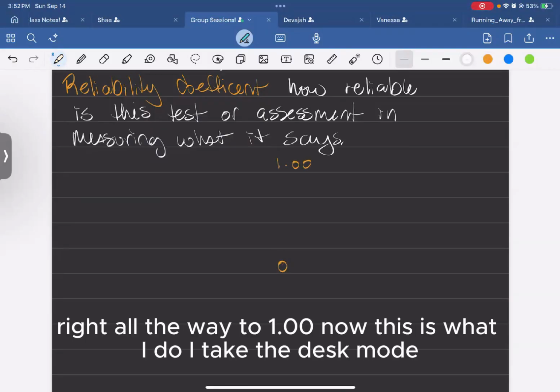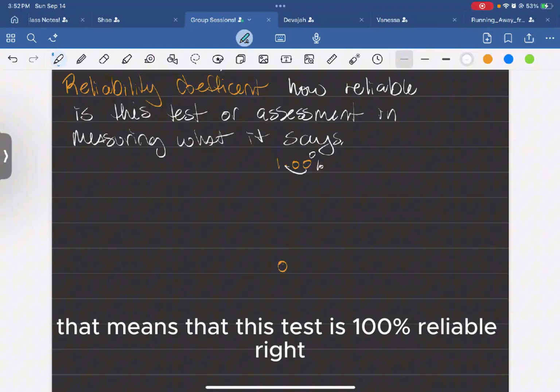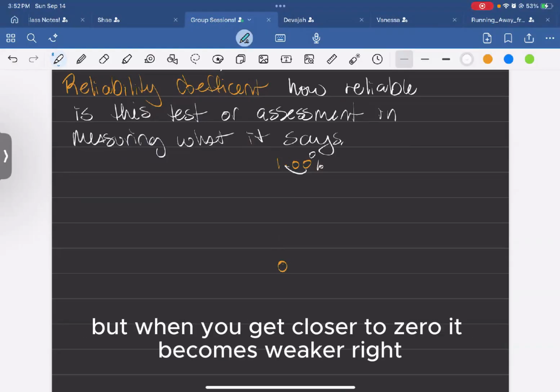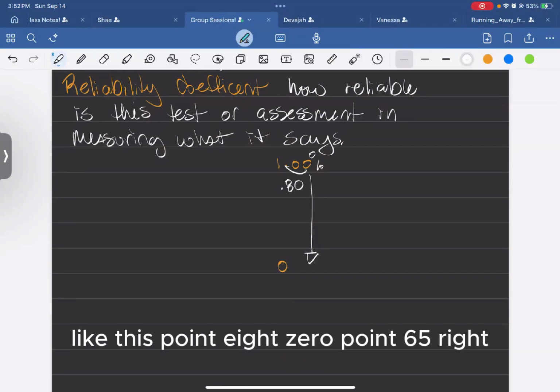Now, this is what I do. I take a decimal, move it over, make it 100%. That means that this test is 100% reliable. But when you get closer to 0, it becomes weaker. So you might have like 0.80, 0.65.